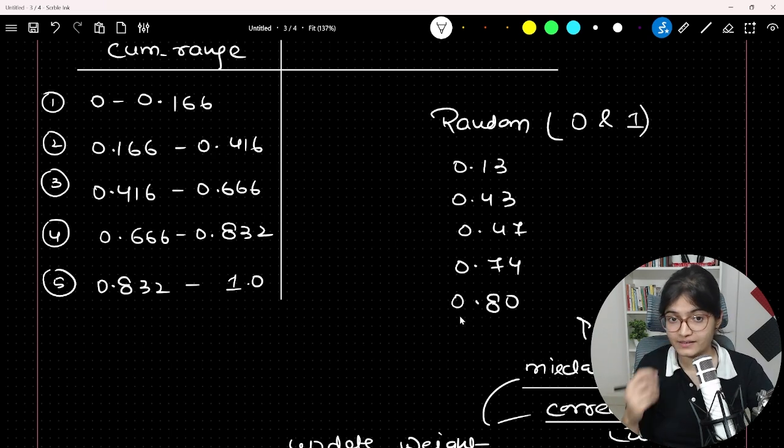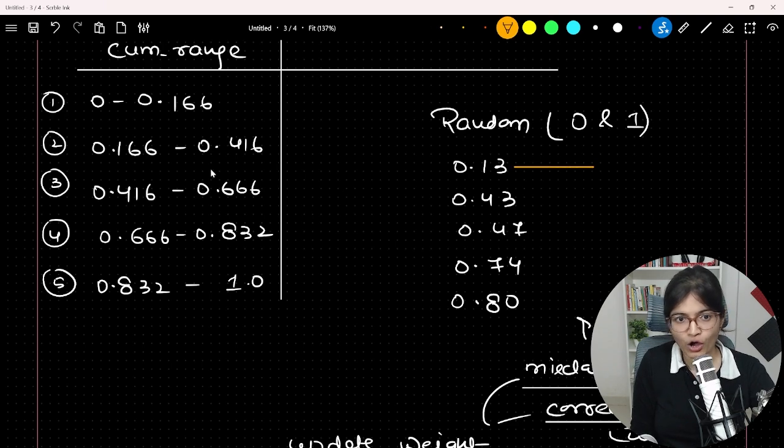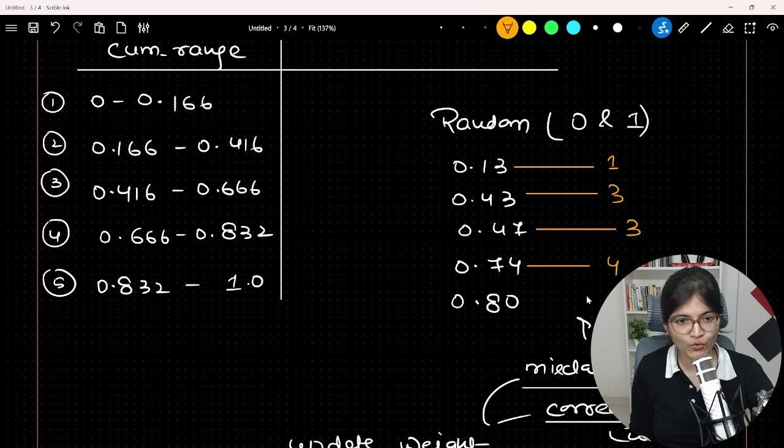This specific range belongs to, I think, record number 1. Just check it out. 0.43 belongs to the second, 0.47 belongs to the third record, 0.74 belongs to the fourth record, and 0.80 also belongs to the fourth record.